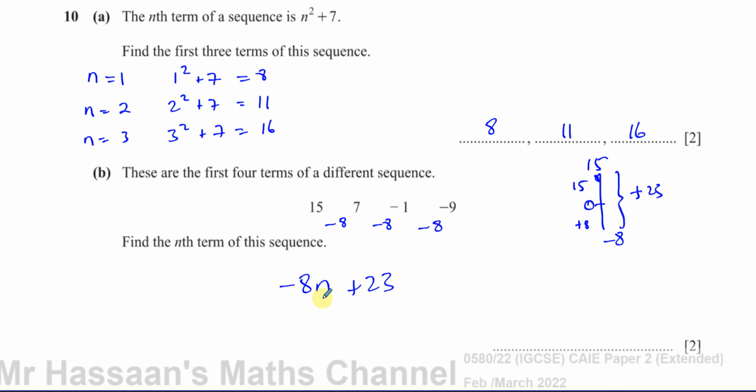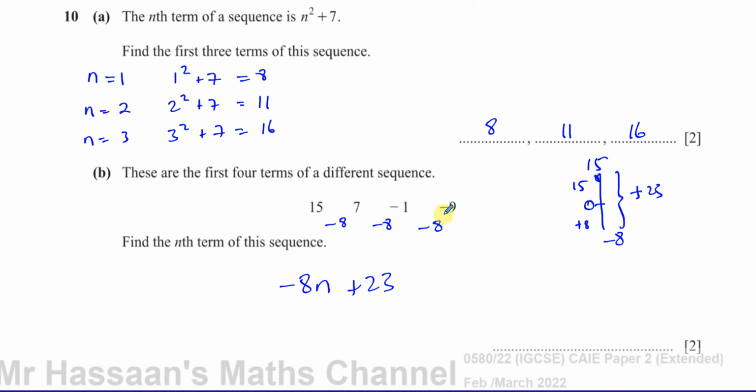When n equals 1, we'll have minus 8 plus 23, which is 23 minus 8, which is 15. When n equals 2, you're going to have negative 16 plus 23, which is 23 minus 16, which is 7. When n equals 3, you have negative 24 plus 23, which is negative 1.